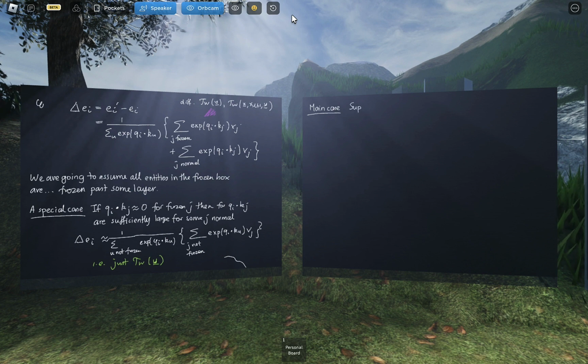Suppose that for each frozen entity j, remember these are frozen, they're not changing from layer to layer, let me call it t, there is an unfrozen index at.